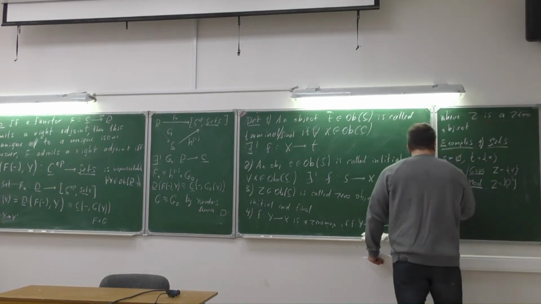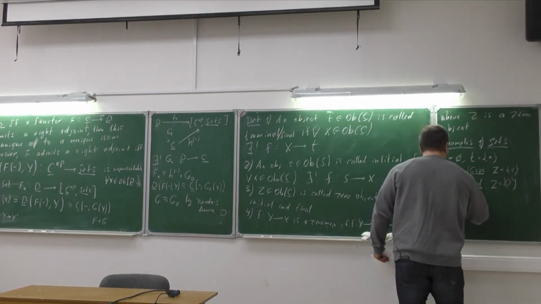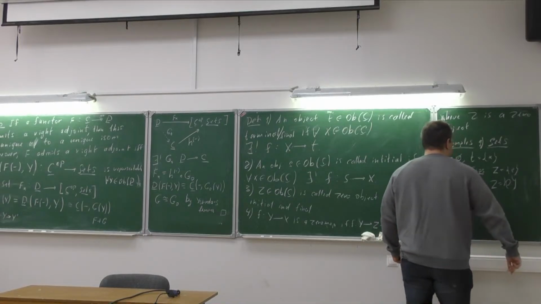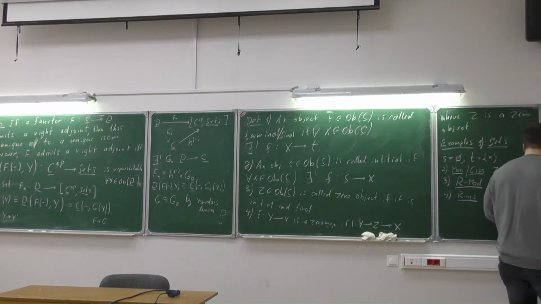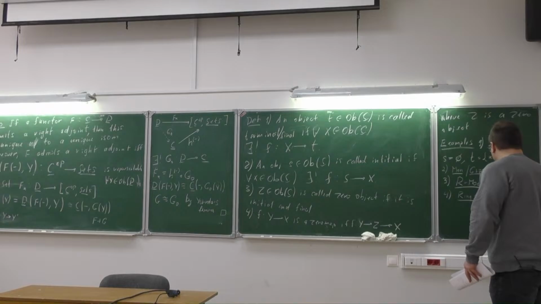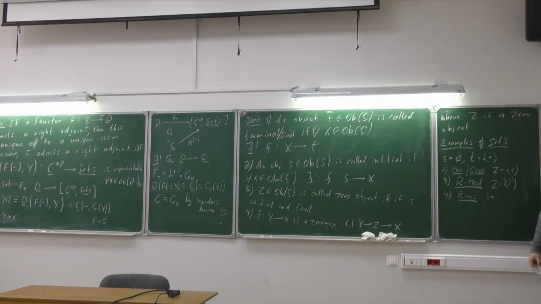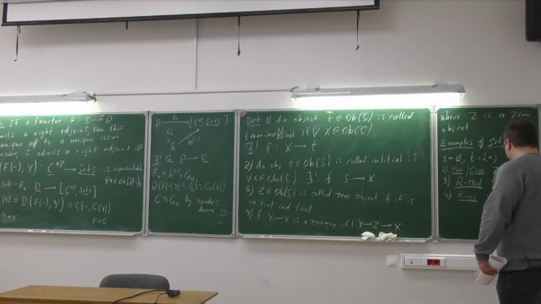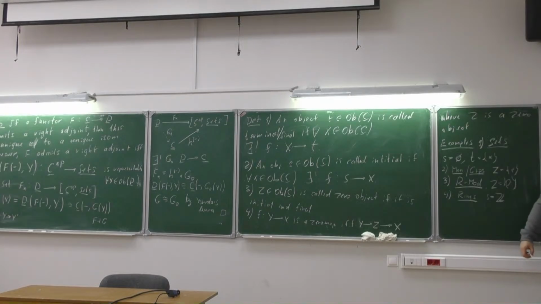Maybe a little bit more interesting if you look at the category of rings. Let's start with the initial object. What is S? And why? We assume that rings have the identity elements.